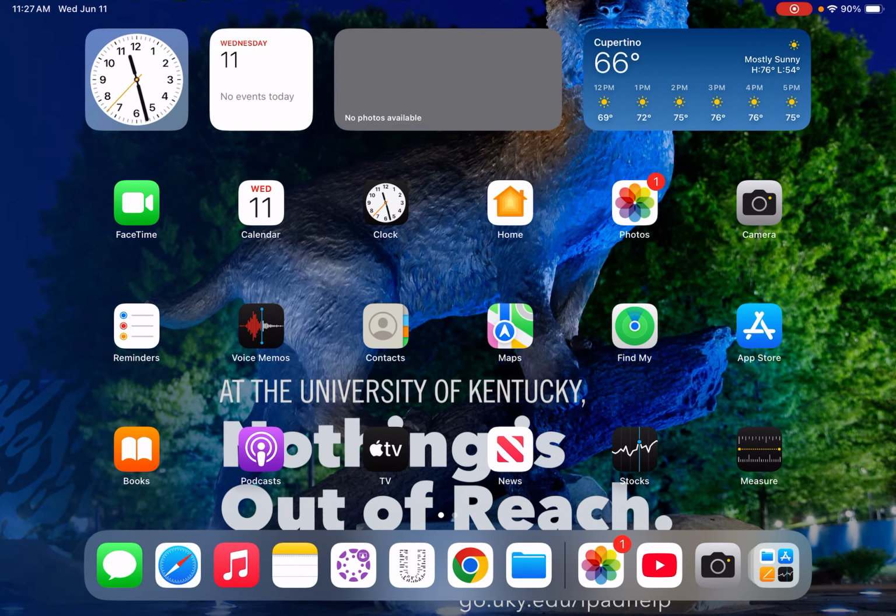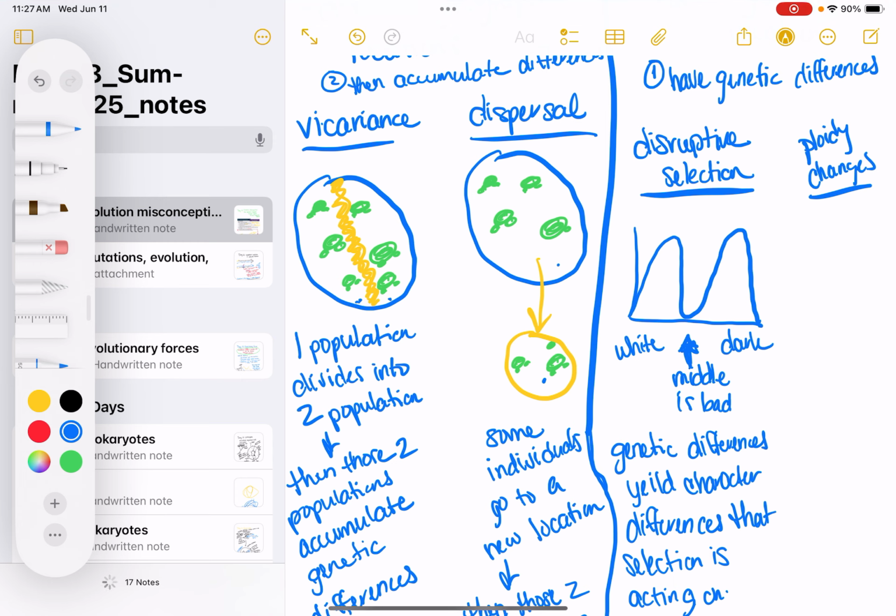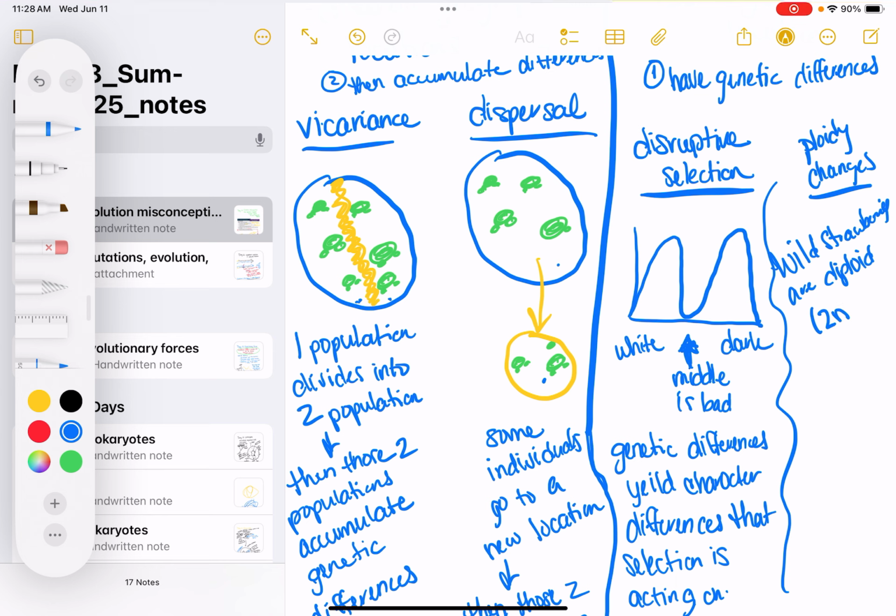And it's because of a change in ploidy. What ploidy means is how many copies of each chromosome you have. I think I've thrown out the word diploid before. So the wild strawberries are diploid, so they have 2N, okay?